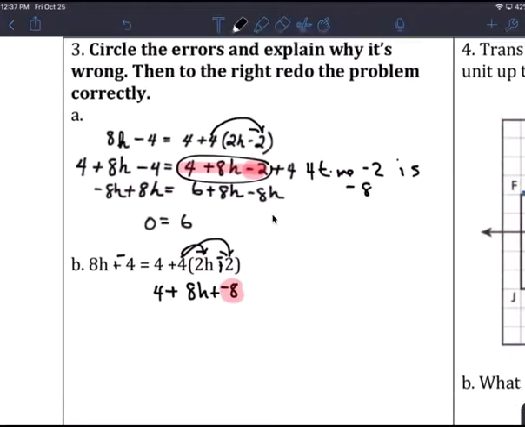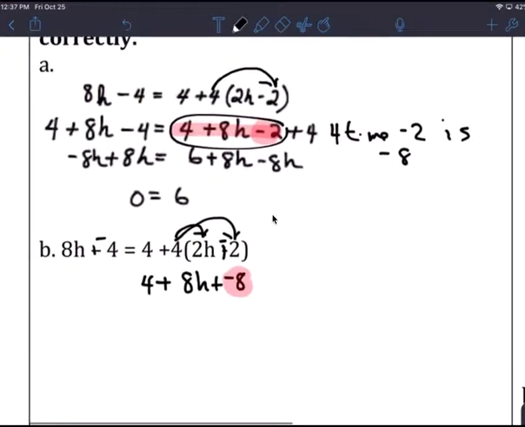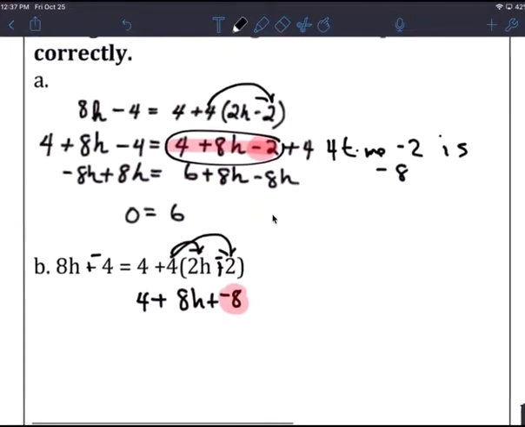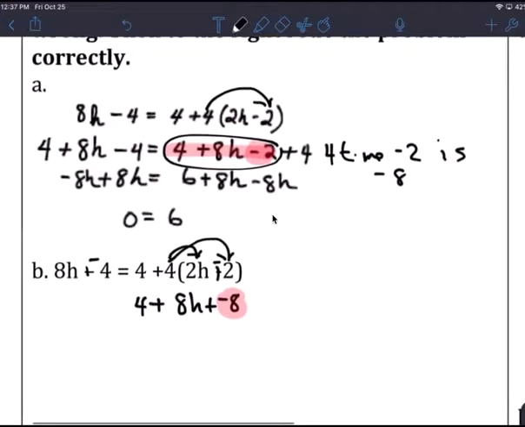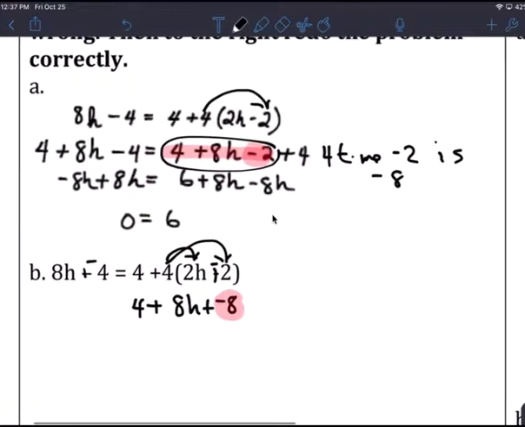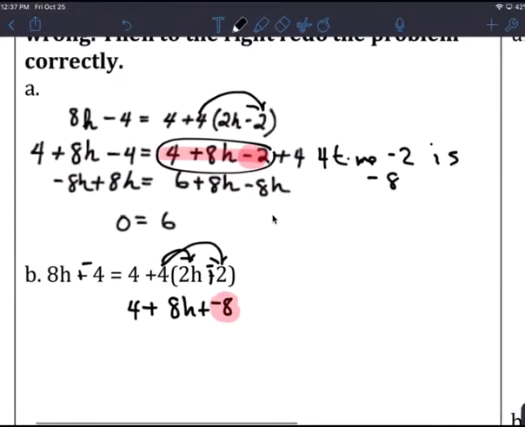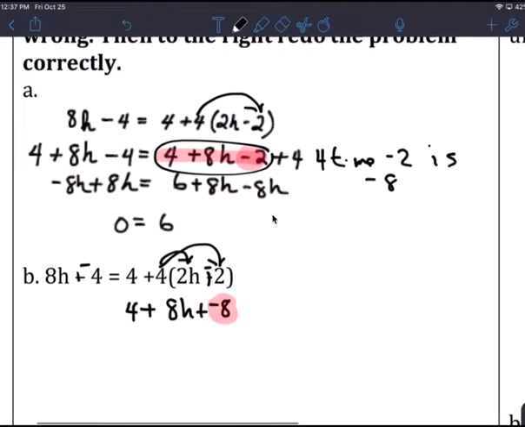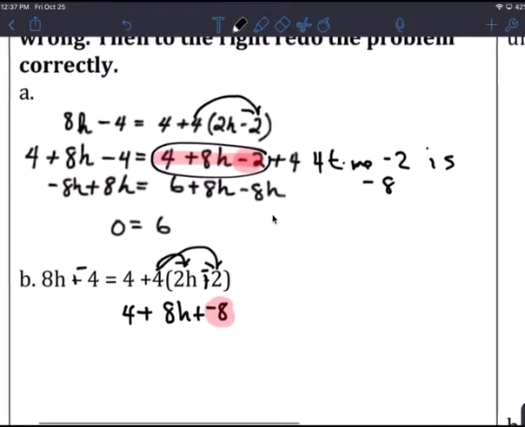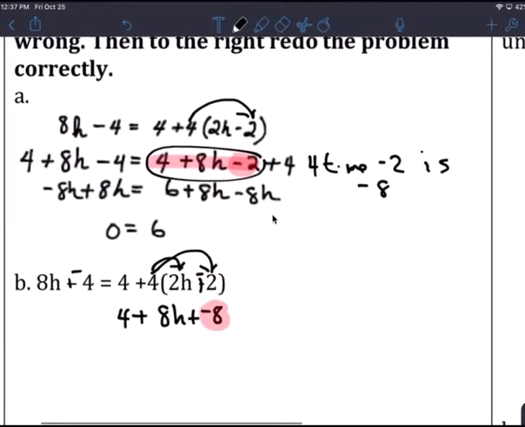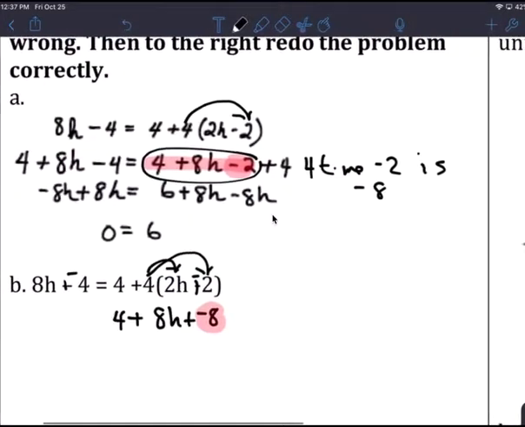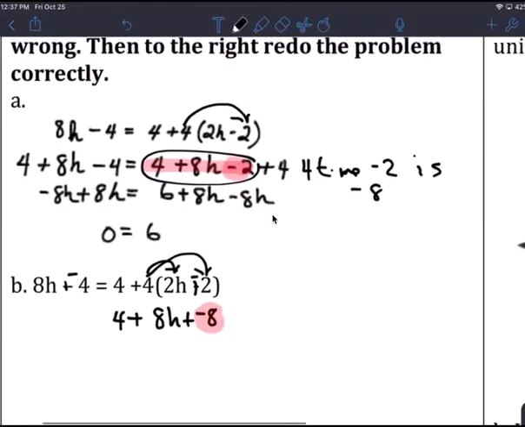I think they did everything else correct. I think that's their only error.